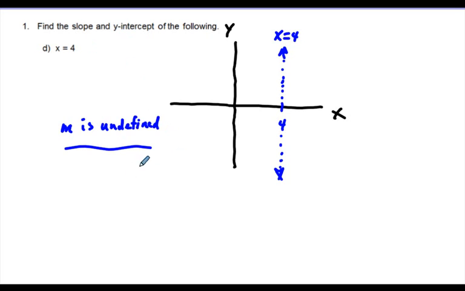And there is no y-intercept, being parallel to the y-axis. Okay, so that's that one.